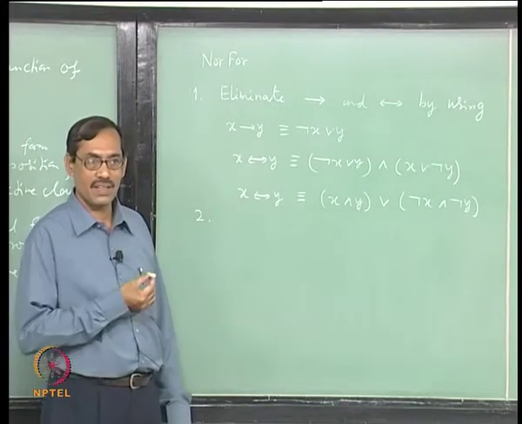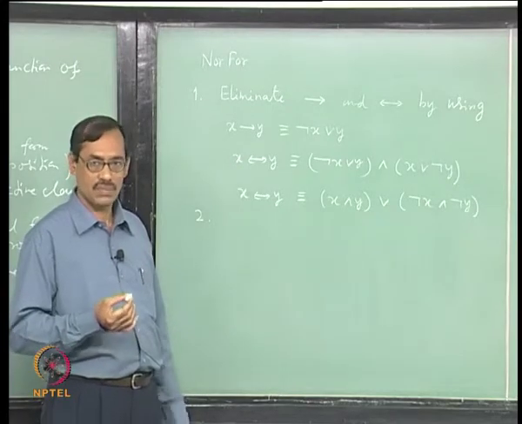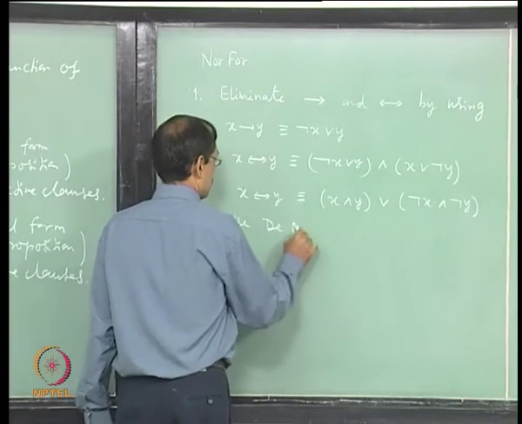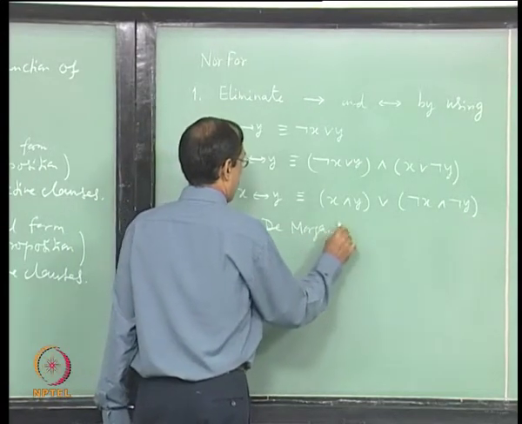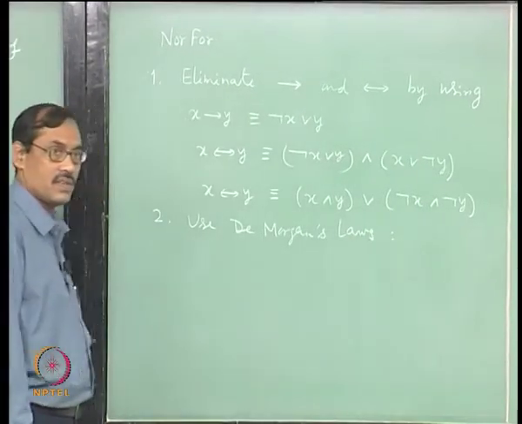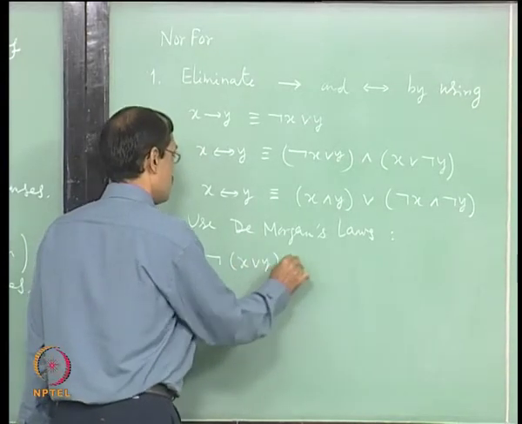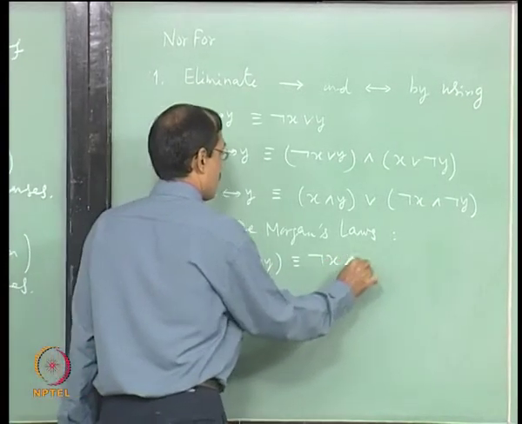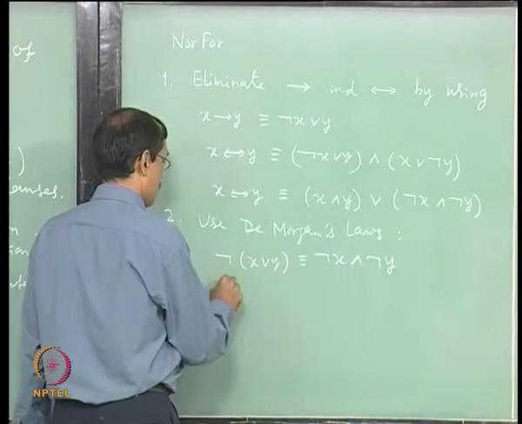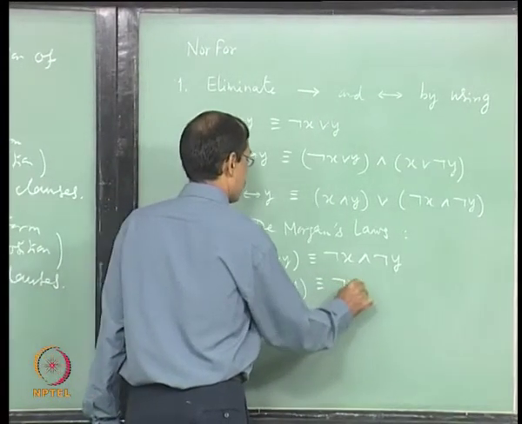So, you have to take the negation symbol near the propositional variable. Use De Morgan's laws. What are the laws? Not of x or y is equivalent to not x and not y. The other one is not of x and y is equivalent to not x or not y.